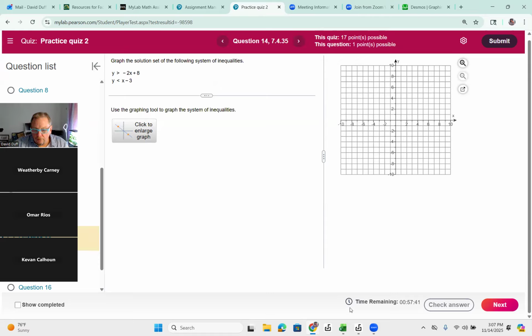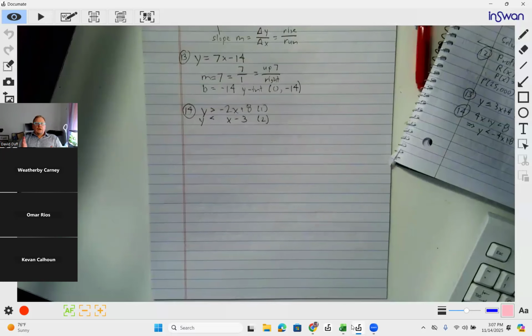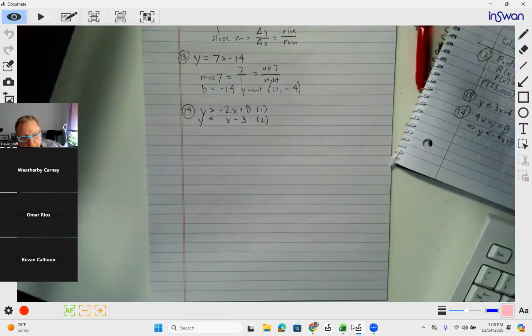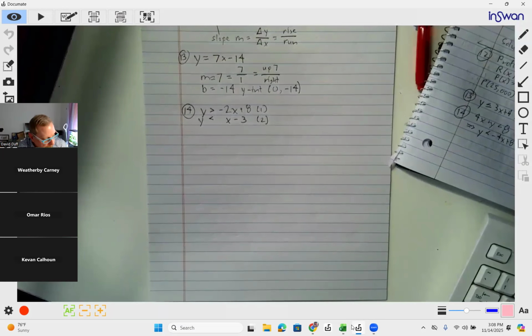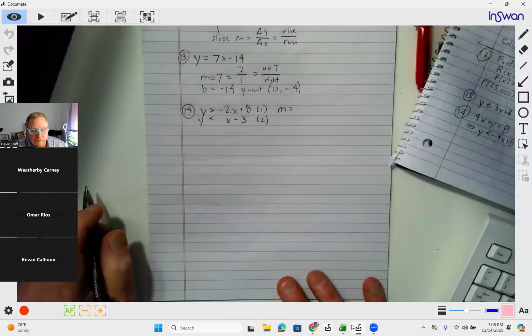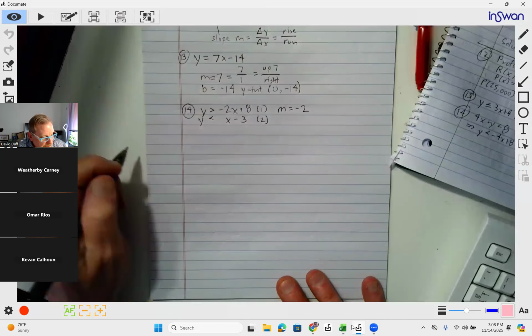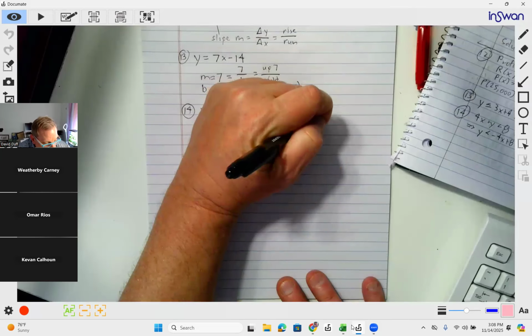So here we are. Is equation 1 in slope-intercept form? Yes, it is. And what is the slope of equation 1? Negative 2. And what is the intercept? It's that 8.